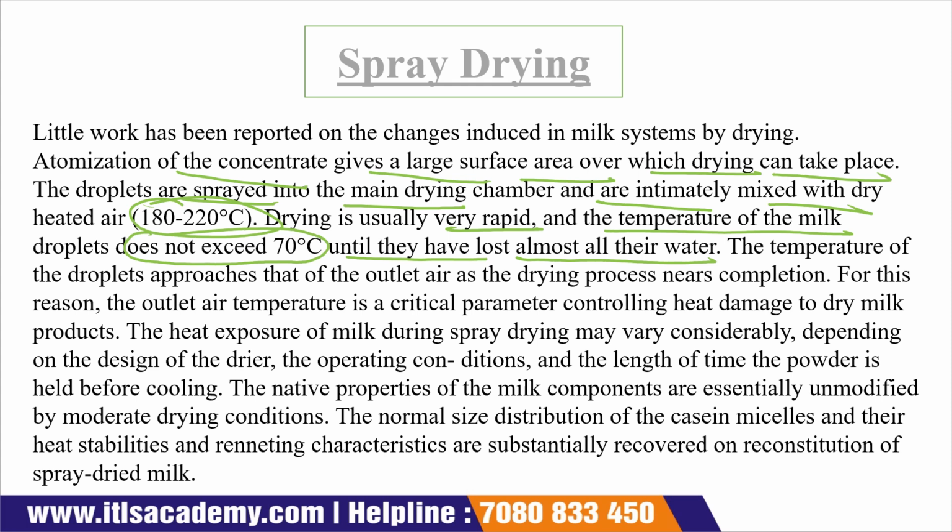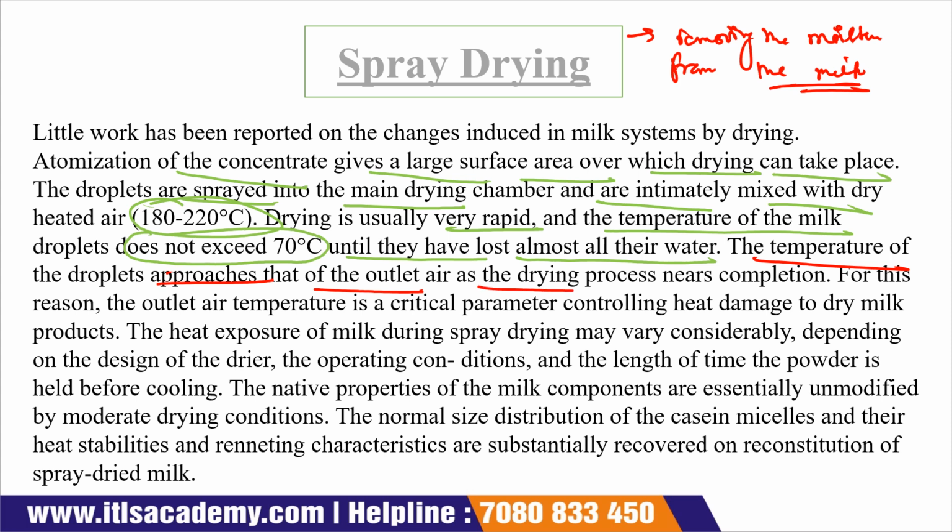Spray drying simply means removing the moisture from the milk. Now, the temperature of the droplet approaches that of the outlet air as the drying process nears completion. For this reason, the outlet air temperature is a critical parameter which controls the heat damage to the dried milk product.